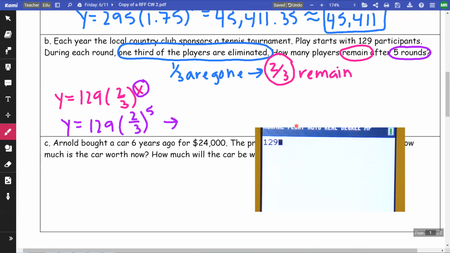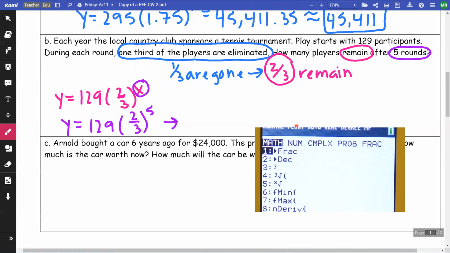So 129 times 2/3, or I could just do 2 divided by 3 also. Raise the power 5, let's see. Okay, this is giving it to me as a fraction because I put it in as a fraction.